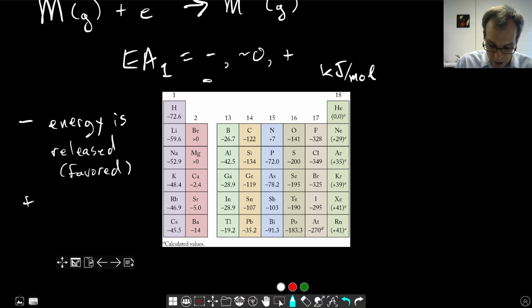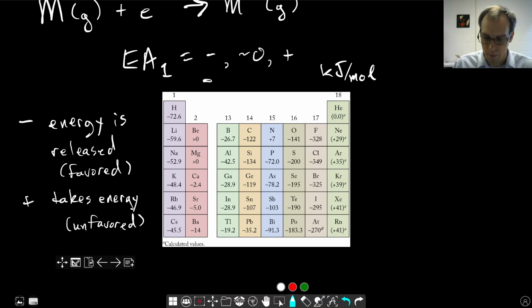A positive is the opposite. It takes energy, and it's unfavored. And it's possible to just have it be roughly neutral, which would be about 0.